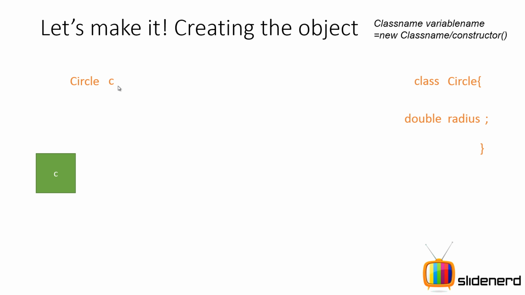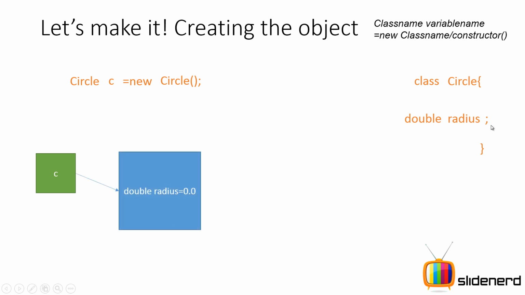In Java, for all the custom types that you create using a class, you have to use a special word called new to create memory. So I'm going to say circle space C equals new space circle, and then open and close brackets. At this point, memory is created for storing the value of radius inside my RAM. This is how creating objects works.